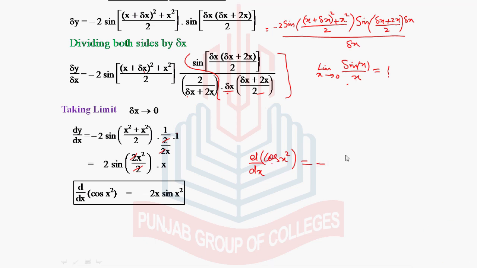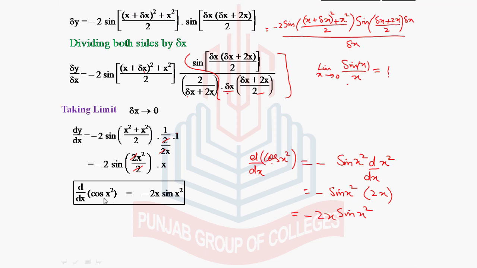Angle is x square, and then derivative will apply on the angle, which is the derivative of x square. So minus sine x square, and derivative of x square will be 2x. So the thing will become minus 2x sine x square, which is verified by this 4-step process, or differentiation by first principle, that will give minus 2x sine x square.